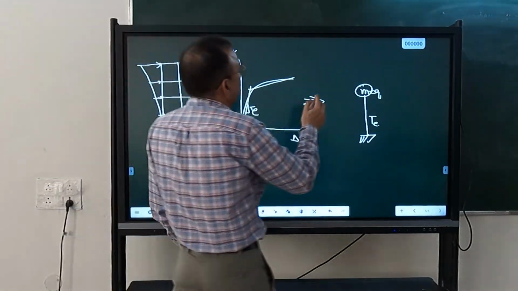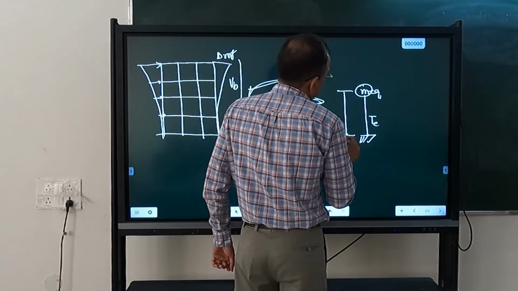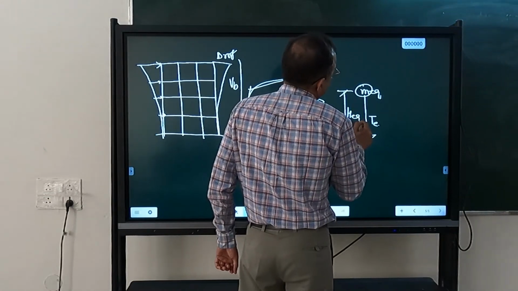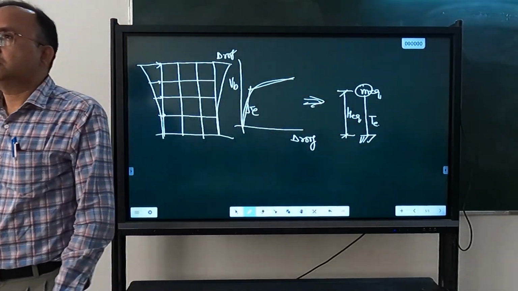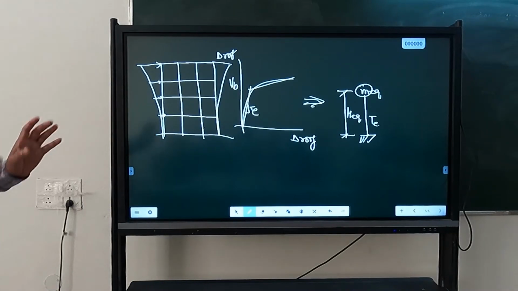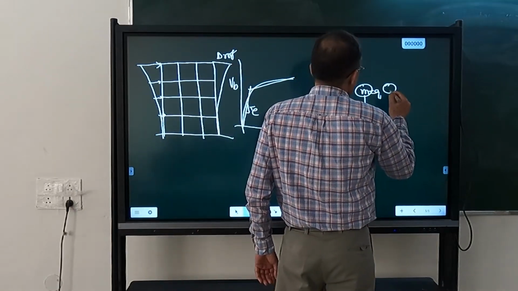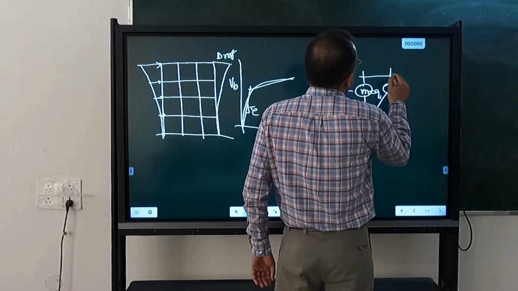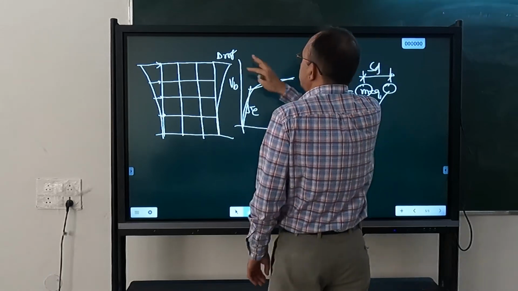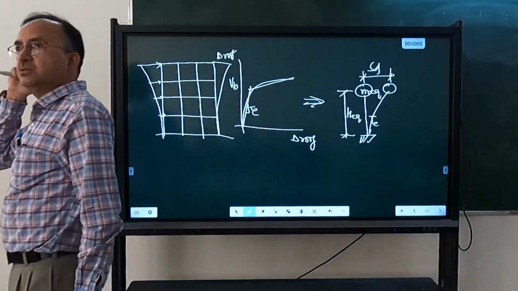You can calculate this equivalent height as well. What will be the height so that you get the same rotation and same moment as this, and then its displacement here will be SD. Here it was delta roof, here it has become SD.